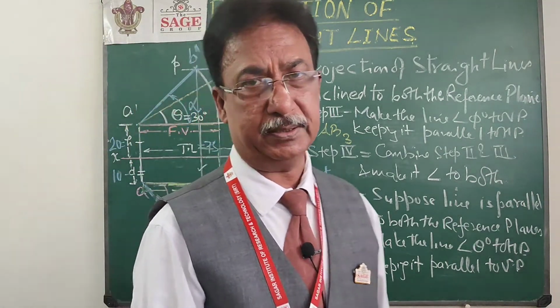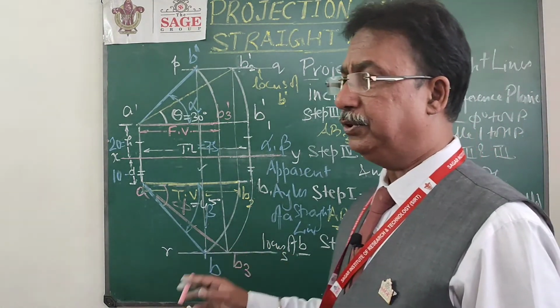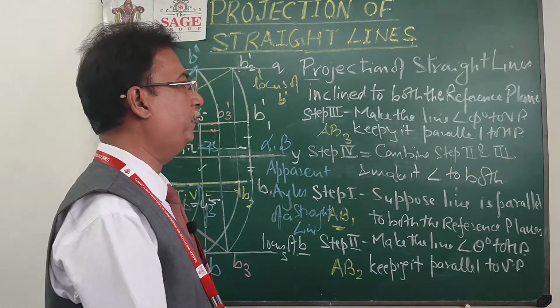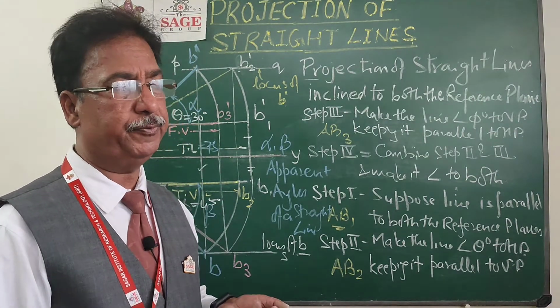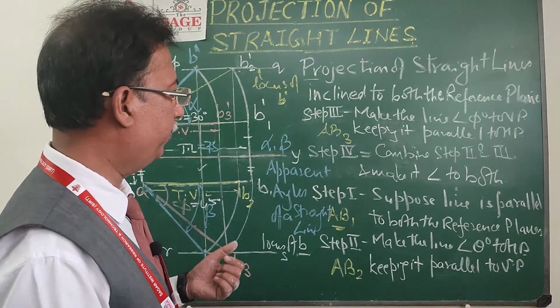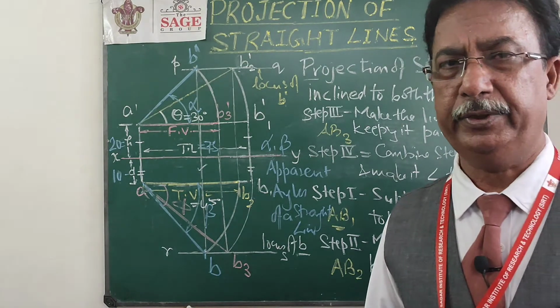And I hope you understand this, one of the very interesting problems, and believe it, most of the problems where the true length is given will be solved with the help of this method. So almost 50% of problems of this type you can solve with the help of these steps. Thank you very much.